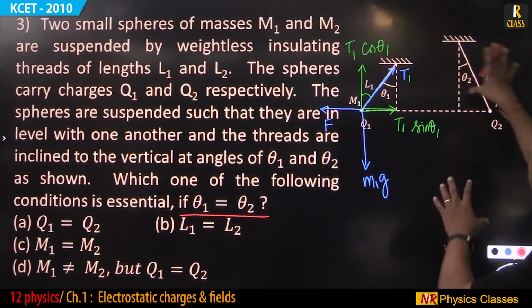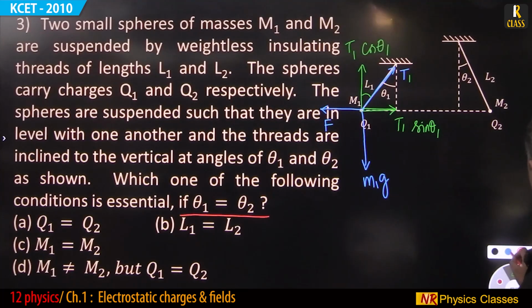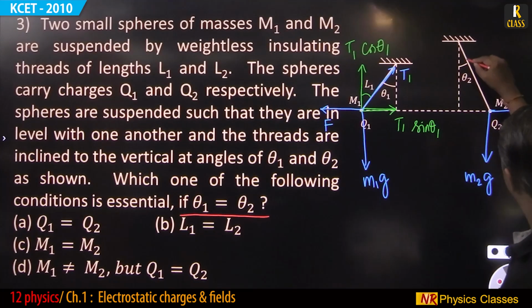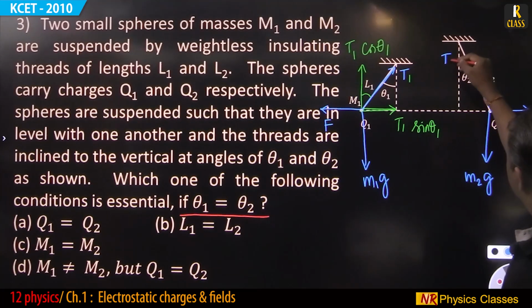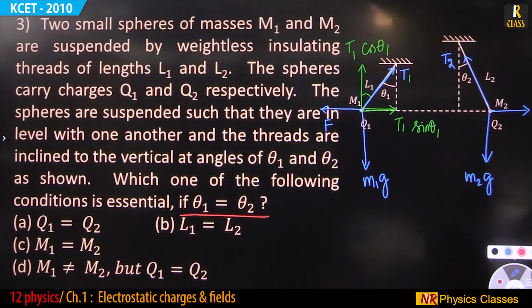Similarly, let us identify the forces. F, this is the force of repulsion. This is m2g. This is tension T. This tension is different because of m2g. This is T2. This tension is resolved into 2 components.